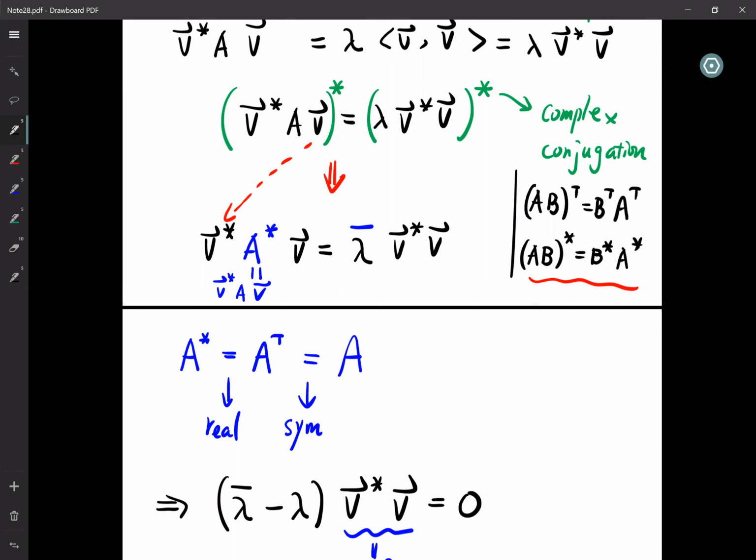But v star A v is lambda v star v. So lambda v star v is equal to lambda bar v star v, and therefore you end up with this equation. It's the product of two numbers, so at least one of them needs to be 0. This cannot be 0, so this is 0. Okay, thank you.